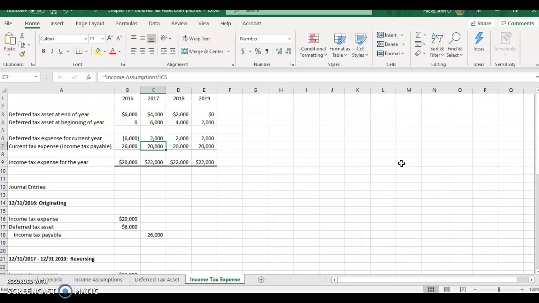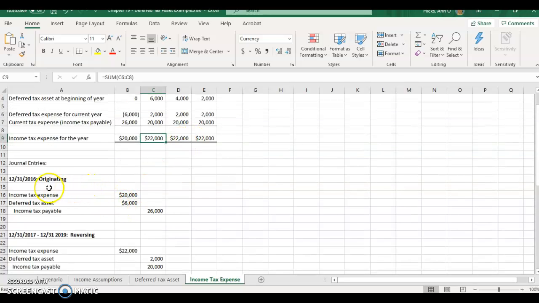This year we only have to pay $20 because our income is less on the tax return, but our expense is going to be the sum of those two because we're having to expense more on our income statement because we're beginning to recognize those subscriptions. And then you'll notice, similarly to the deferred tax liability, that the calculations are exactly the same. And so we're paying only $20, but we're expensing $22.